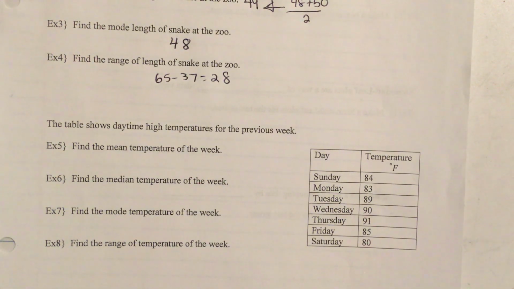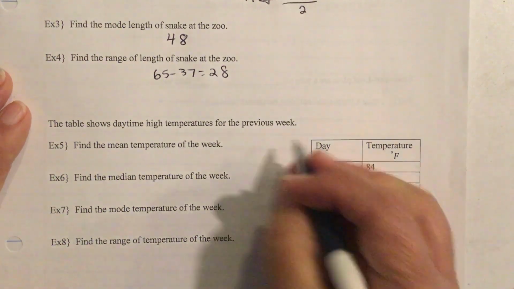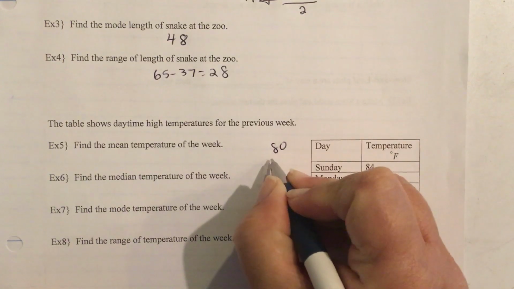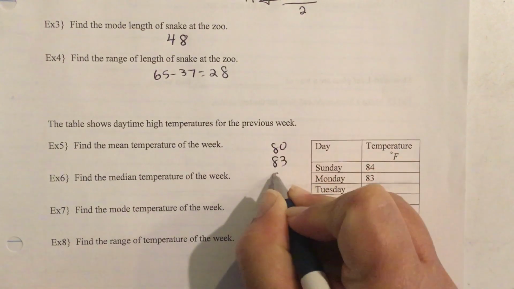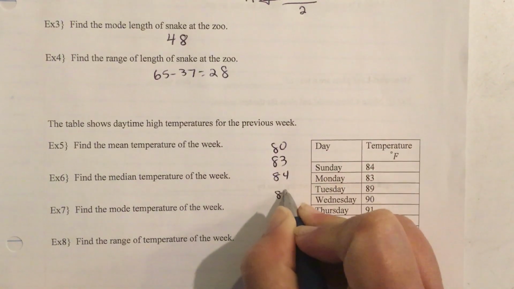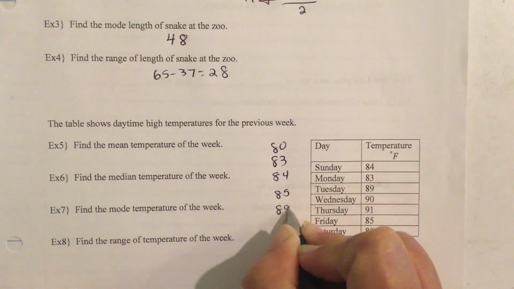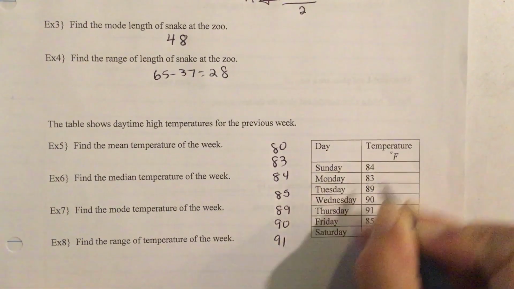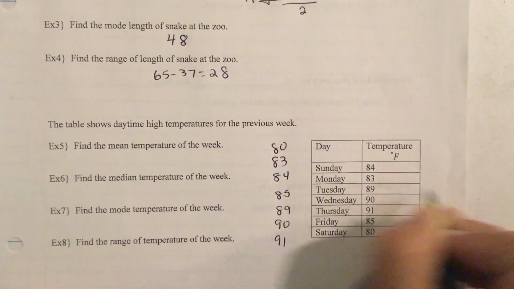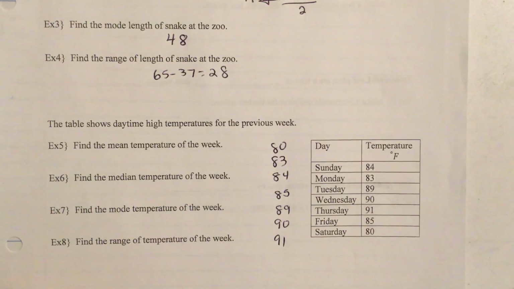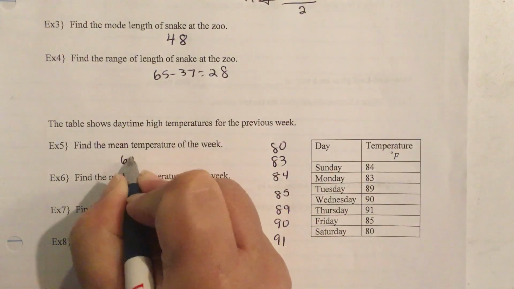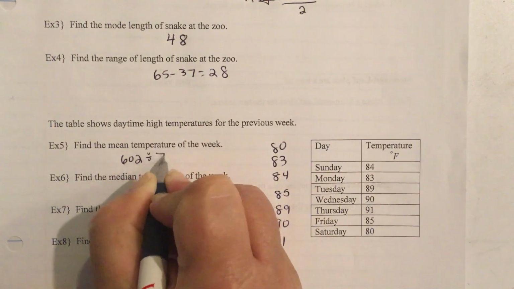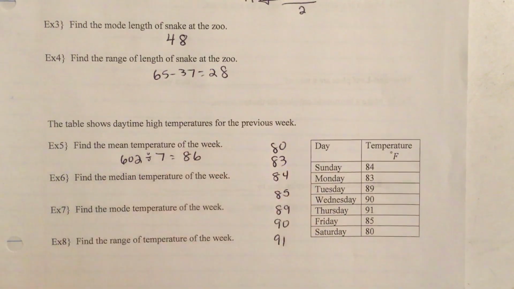Okay, now you should have all of those finished. The first thing I'm going to do is put the numbers in order. I find it a good practice to check them off as you write them. You should have got a total of 602 divided by the 7 values, giving you a mean or an average of 86.